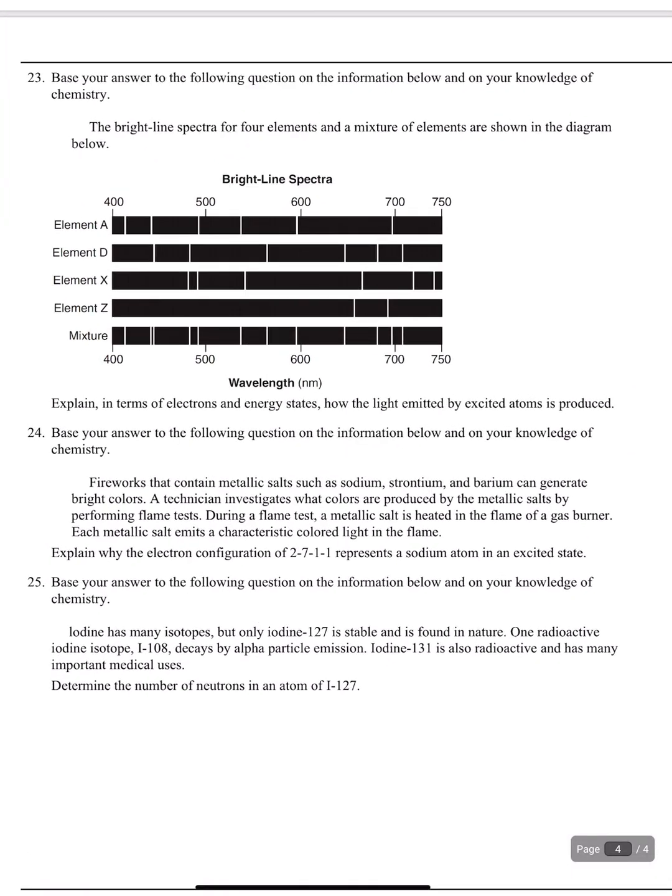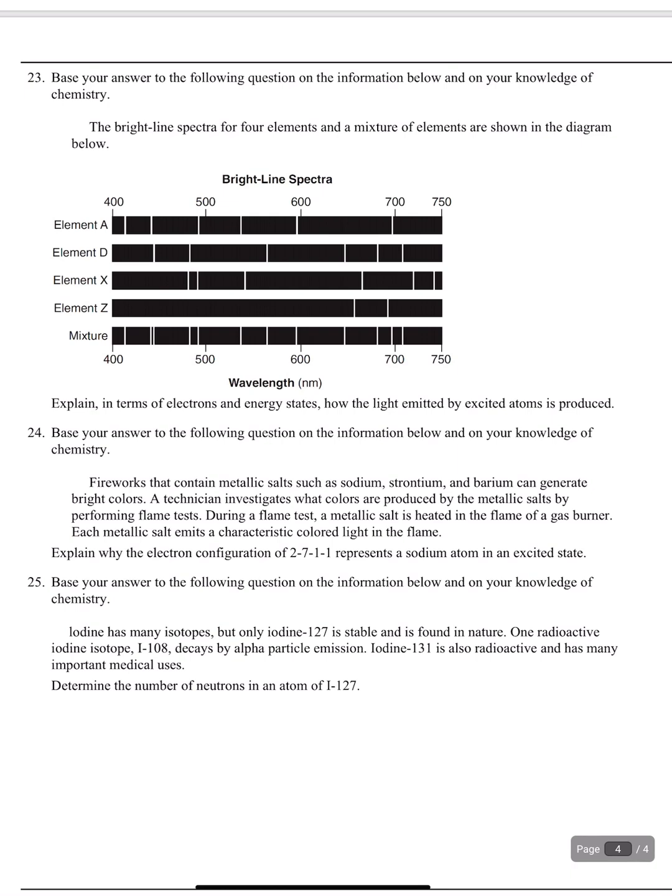Going to the next one, 23. This one is asking, explain in terms of electrons and energy states how the light emitted by excited atoms is produced. You can put this in your own words, but what they want to hear is that excited atoms release energy as they move from a higher energy state to lower energy states.